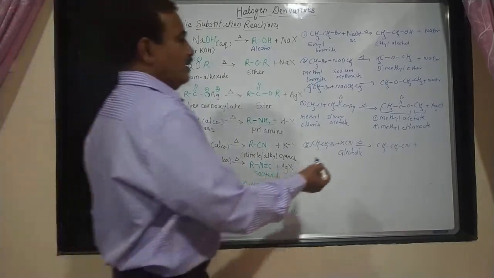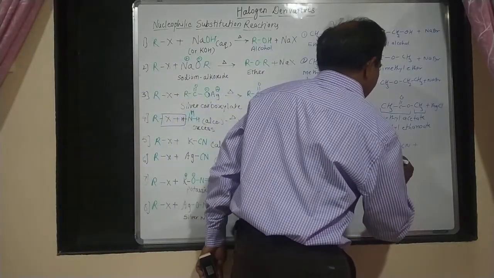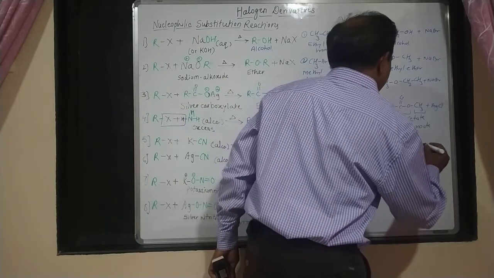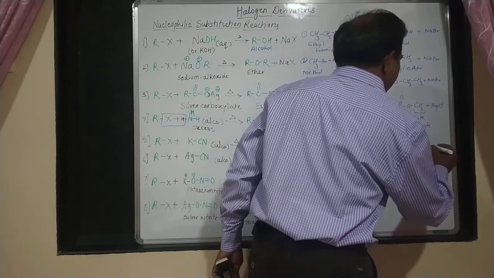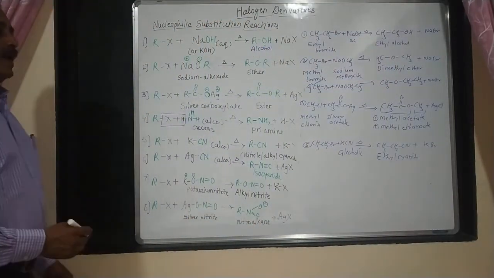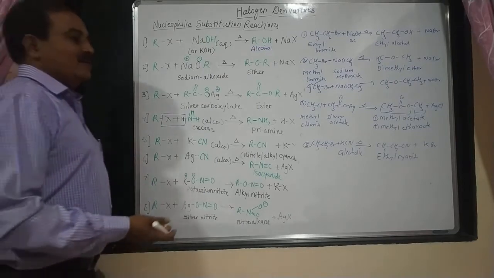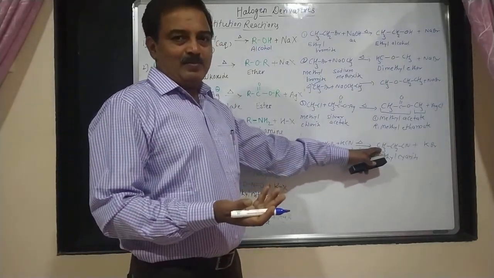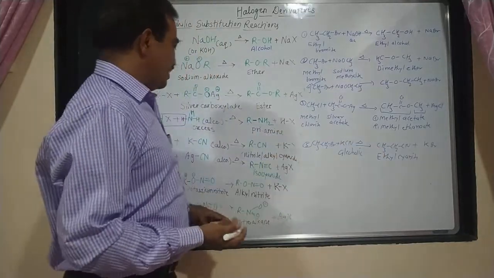So we will get ethyl cyanide plus the byproduct, potassium bromide. Like this we can change the alkyl group and prepare different types of cyanides. Only one example reaction is taken.